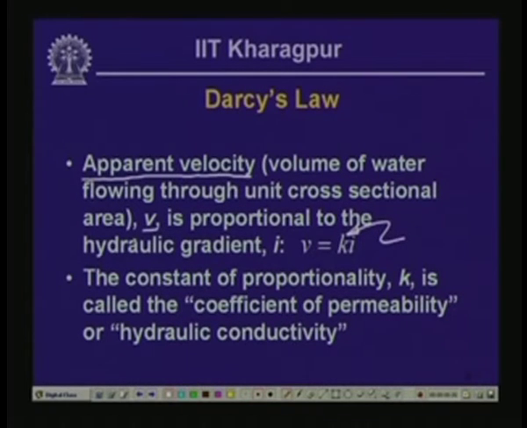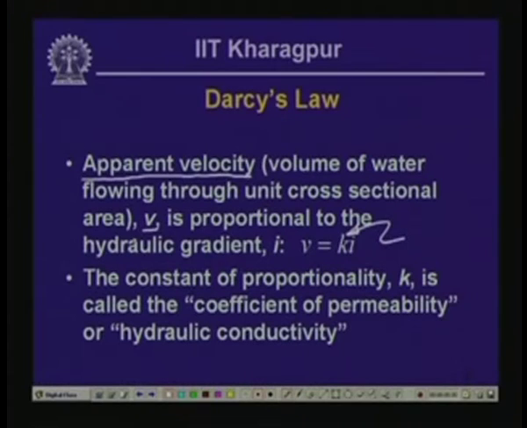Why that is going to be different is because the length of the route traveled by groundwater through the aquifer is going to be different from the straight line distance from the inlet to the outlet within the aquifer, because of the tortuosity of the interconnected void space.